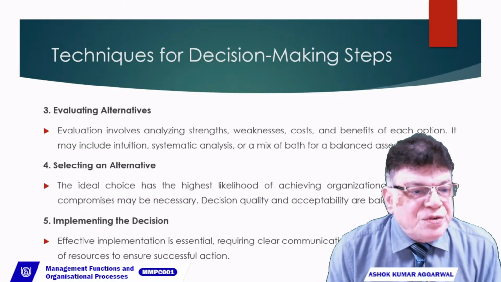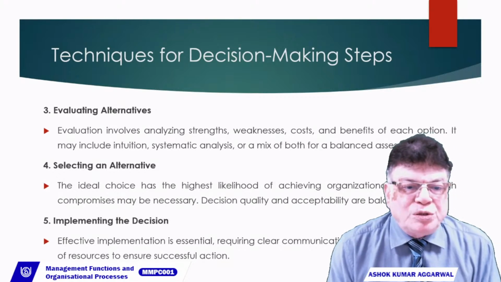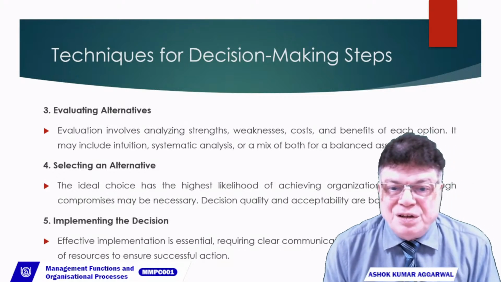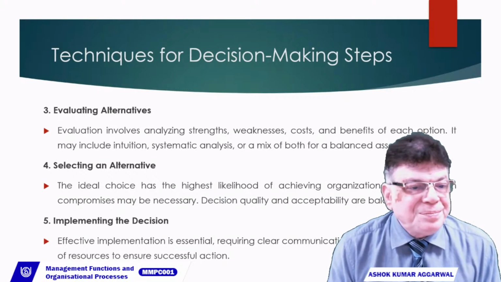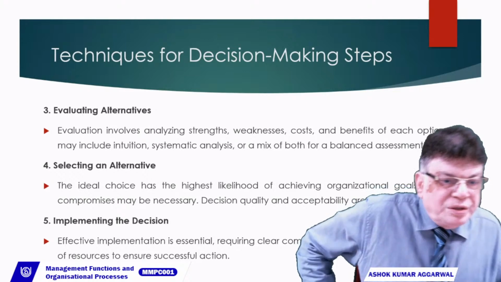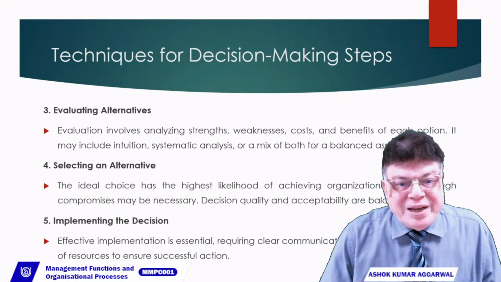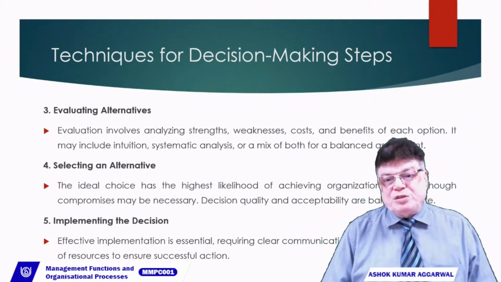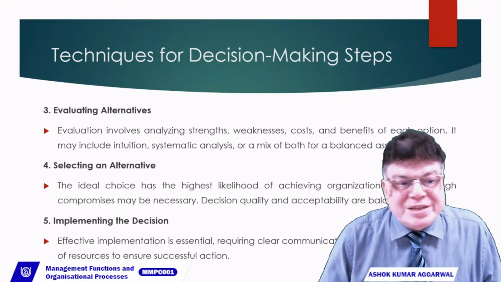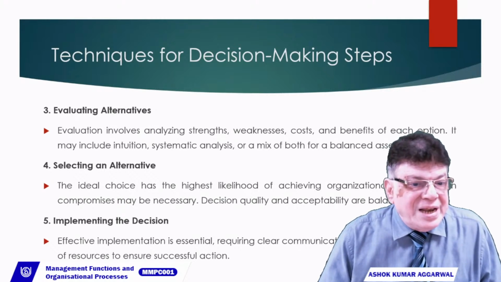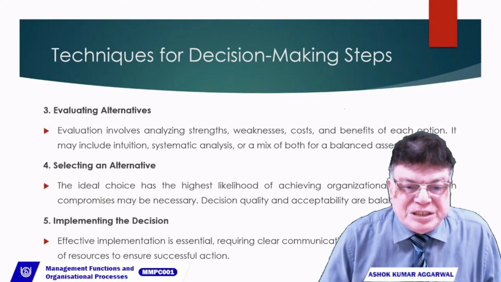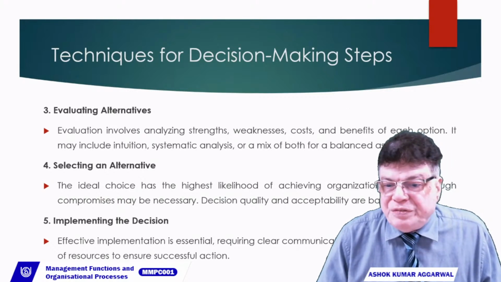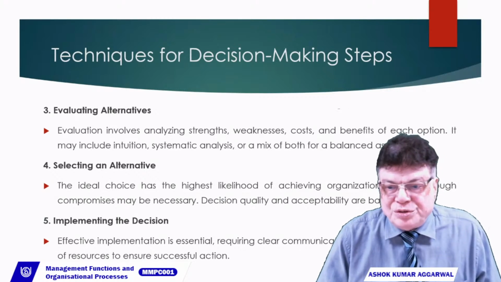Evaluating alternatives. Evaluation involves analyzing strengths, weaknesses, costs, and benefits of each option. It may include intuition, systematic analysis, or a mix of both for a balanced assessment. Selecting an alternative. The ideal choice has the highest likelihood of achieving organizational goals.